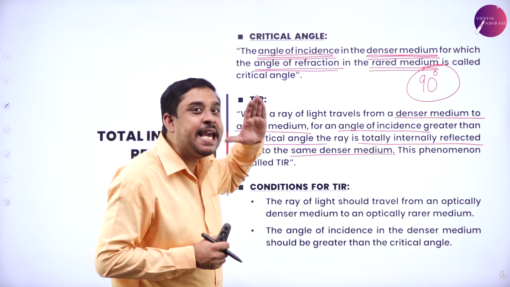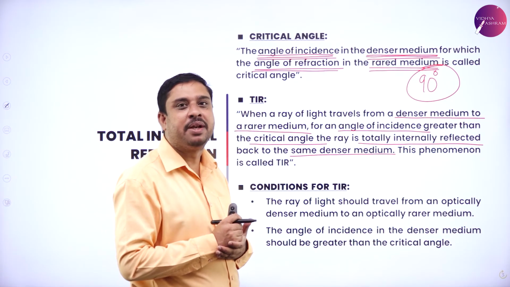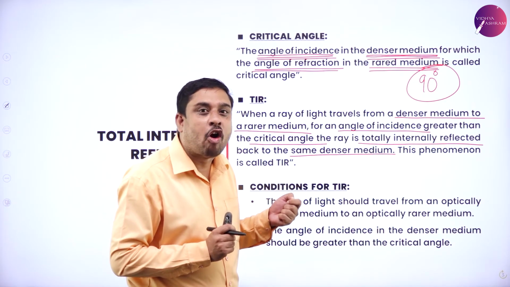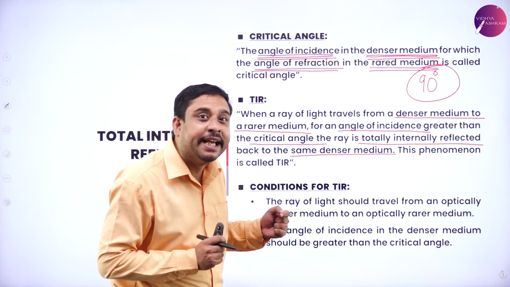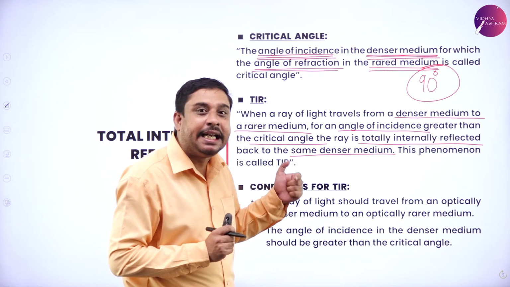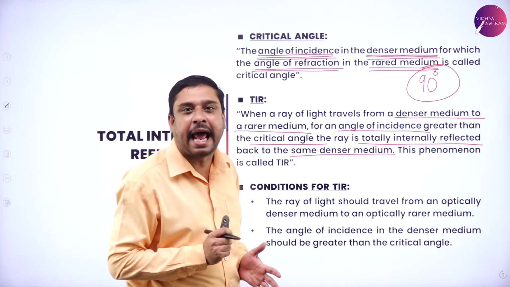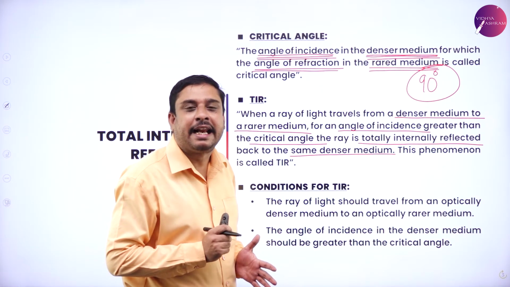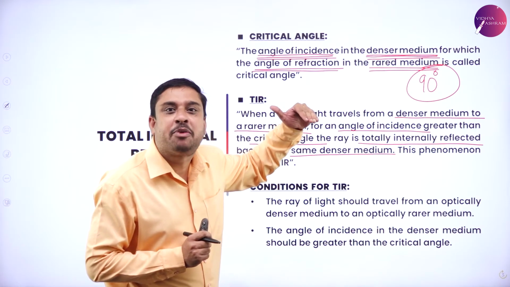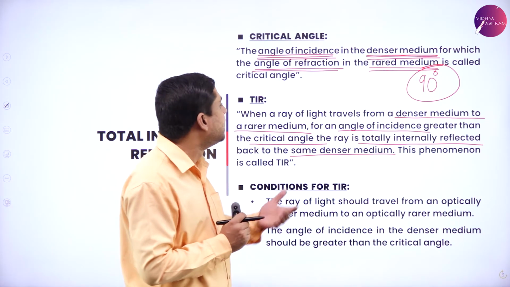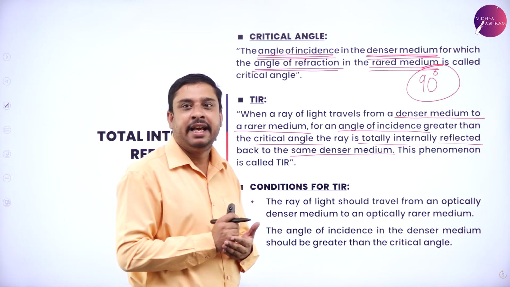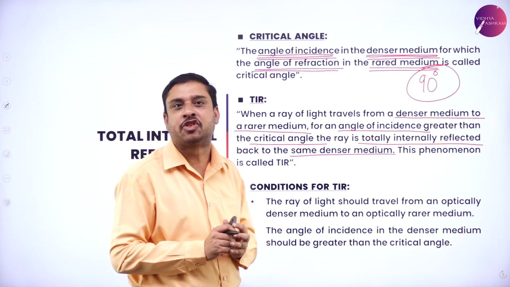So, for TIR to happen, the angle of incidence in the denser medium should be greater than the critical angle. Then the ray is reflected back to the same incident medium. This is called total internal reflection.